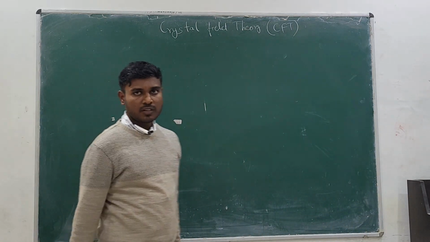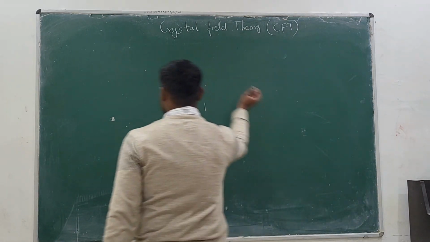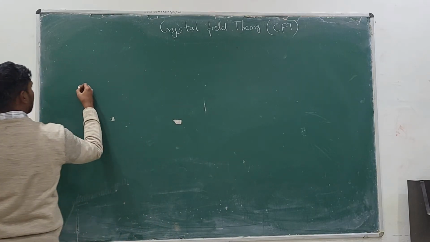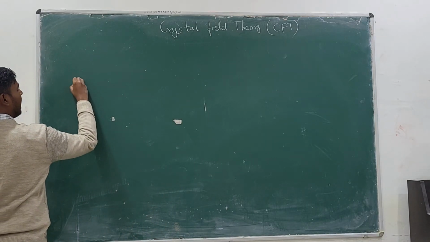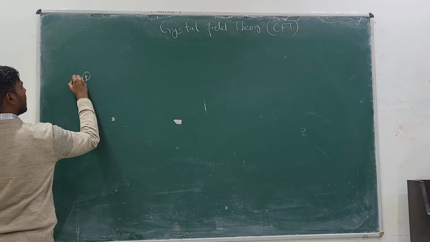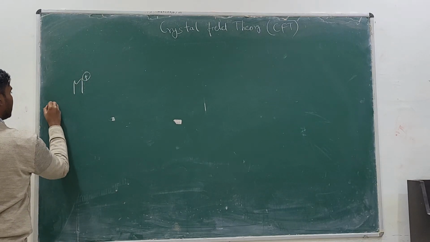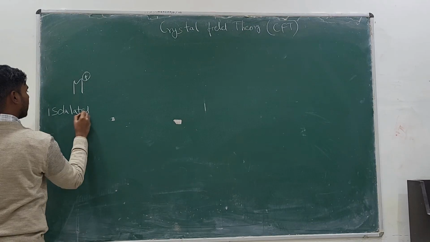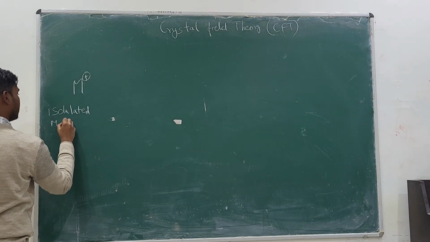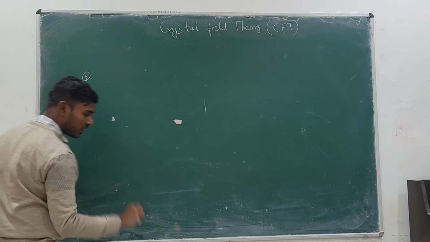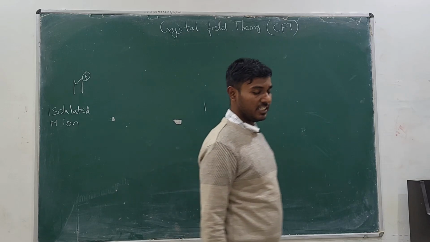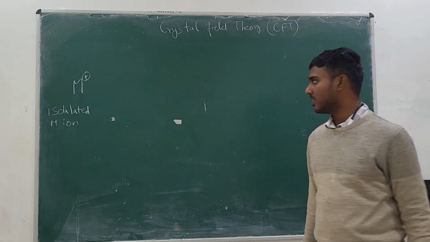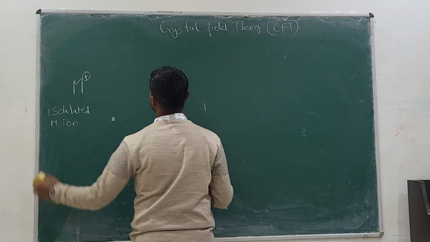So let's come back to our point which I explained earlier also. Let's suppose this is our metal ion, an isolated metal ion, which is not influenced by any ligand and which is not approached by any ligand. So it is as it is.